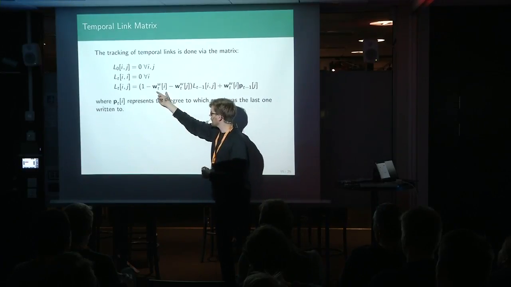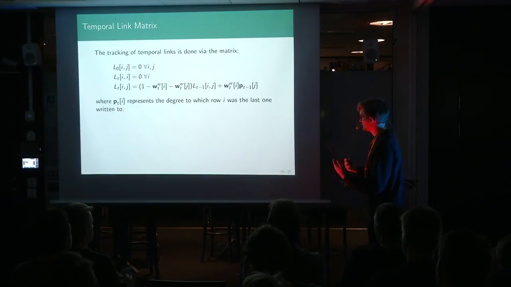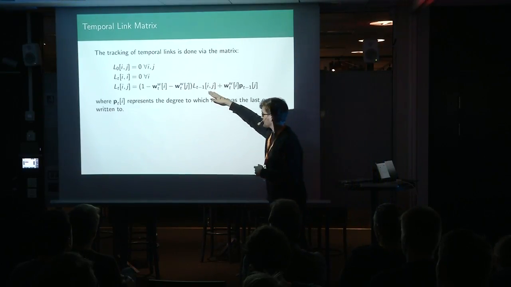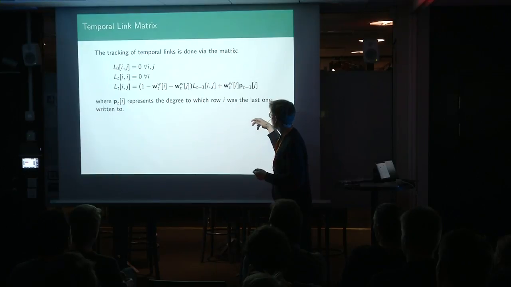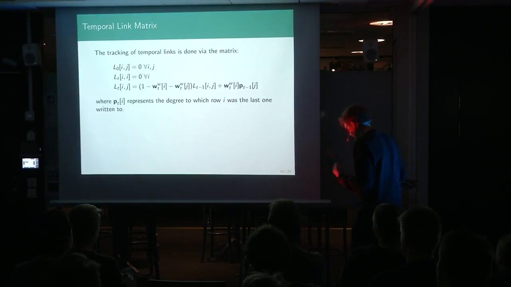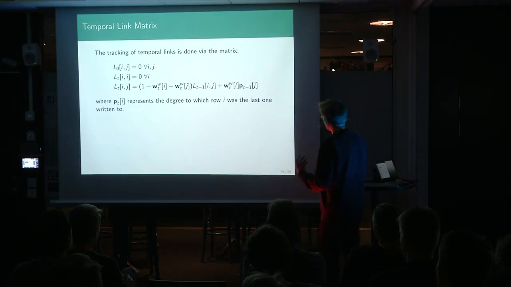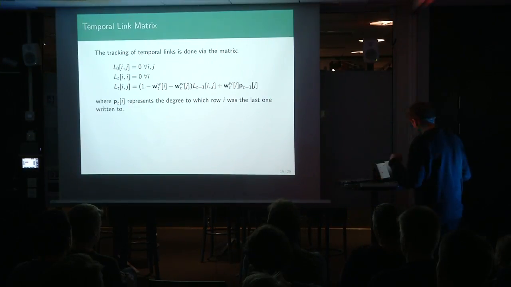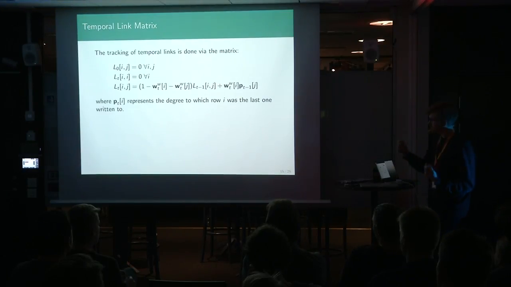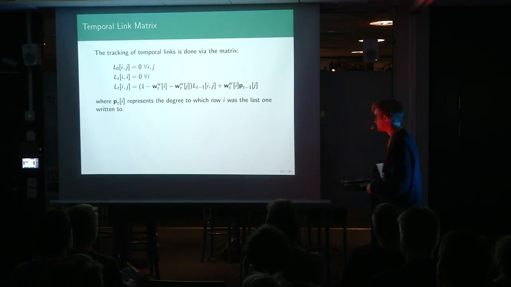So if row i and row j have been written to, you need to update this information: you remove it from the old linkage matrix and update it with the new information, the weight for row i times the previous p, where p represents the degree to which row j was the last one written to.